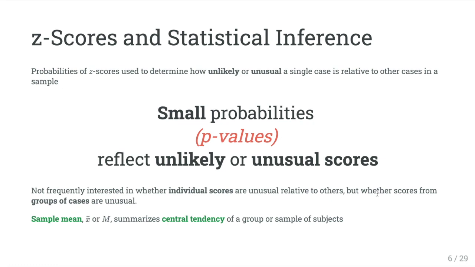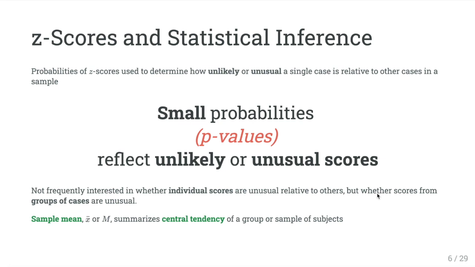So how do we actually use statistical inference? Well, first, we need to go back to z-scores. So if you remember, when we were using z-scores, if it was with a normal distribution, even with individuals, we could look at it and say, okay, based on this person's z-score, let's say they scored a z-score of 3, we could say that they were much higher than the majority of people.